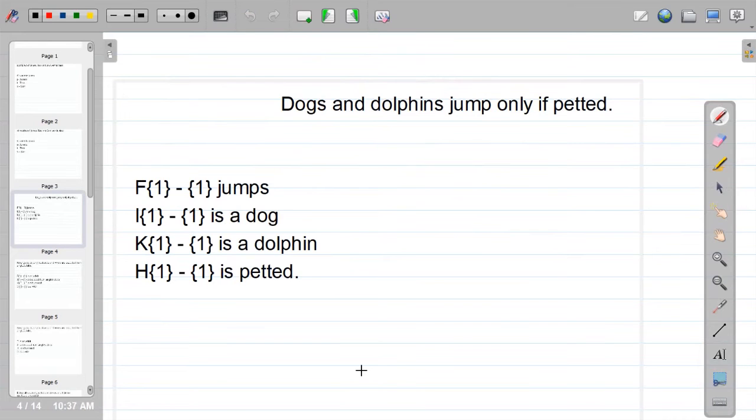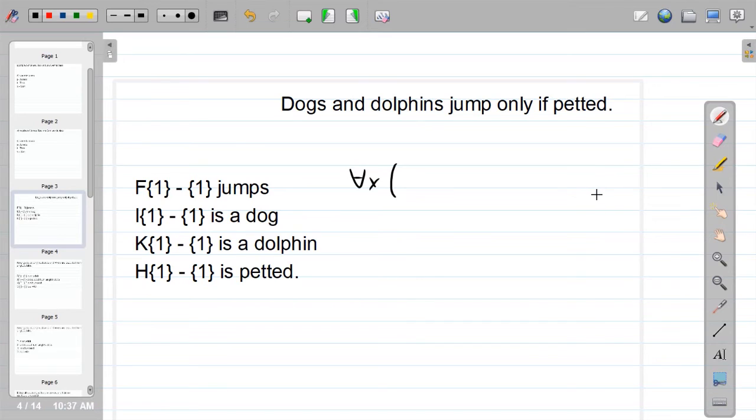Well, now this is a general statement, right? We're not just saying something about one dog or a specific dog. We're saying something about the class of dogs and dolphins, right? So I propose to symbolize this as a universal generalization about dogs and dolphins.